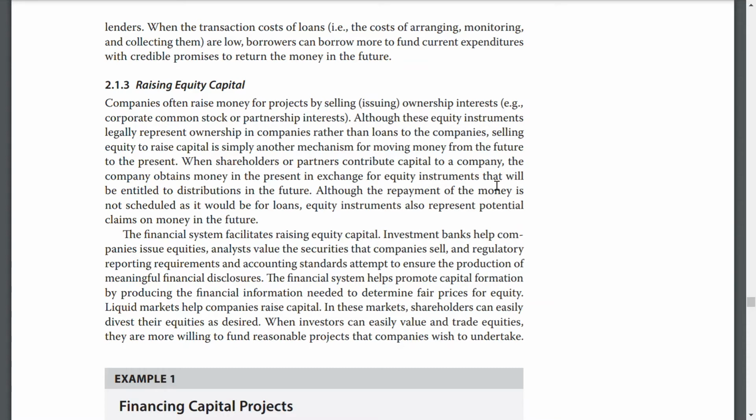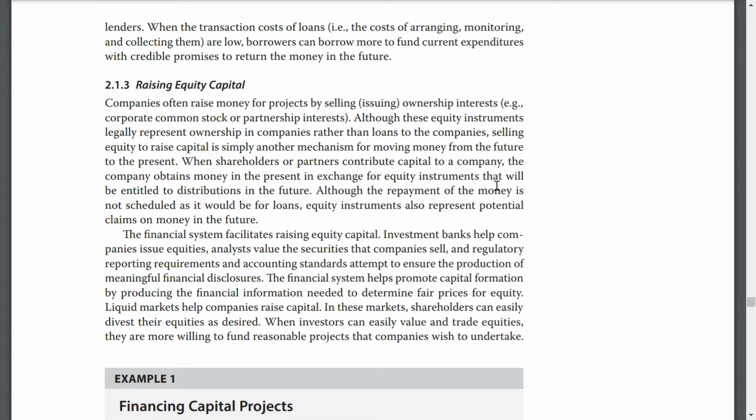When shareholders or partners contribute capital to a company, the company obtains money in the present in exchange for equity investment that will be entitled to distributions in the future, although the repayment of this money is not scheduled as it would be for loans. Equity instruments also represent potential claims on money in the future.